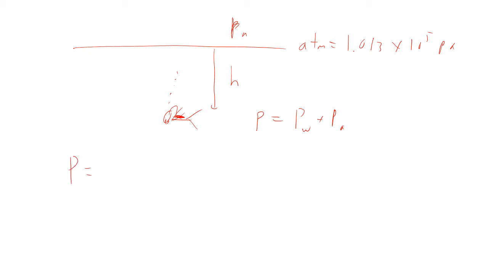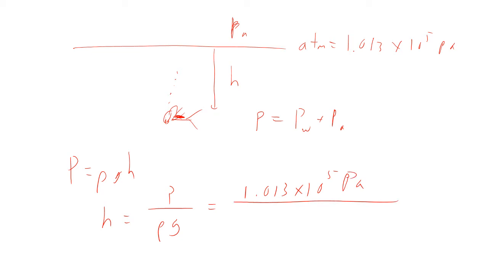Well, we know the pressure is rho gh, so h is going to be P over rho g. So 1.013 times 10 to the fifth pascals divided by the density of water, 1,000 kilograms per cubic meter, times 9.81 meters per second squared.